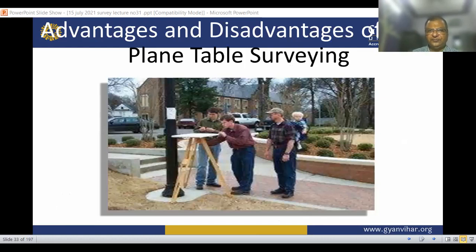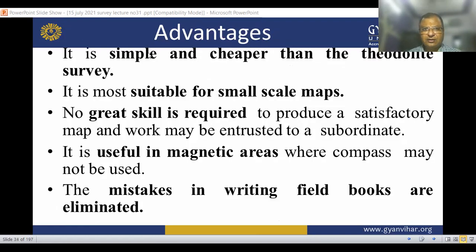This is the photograph of plane table surveying. Advantages: it is simple and cheaper than theodolite survey, and it is most suitable for small scale maps.